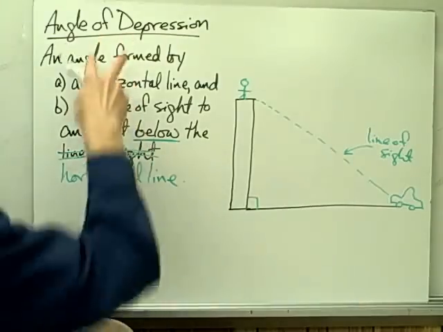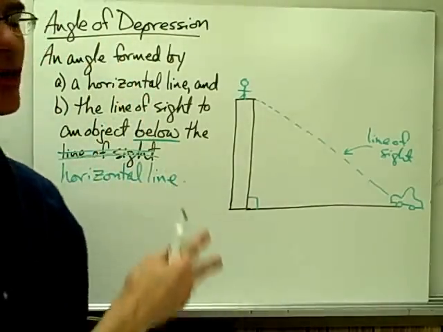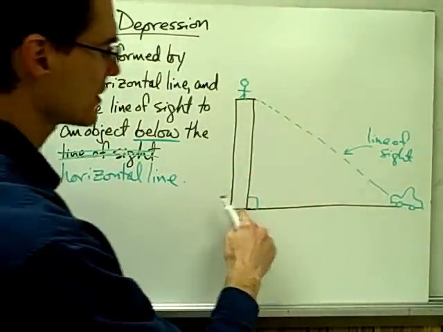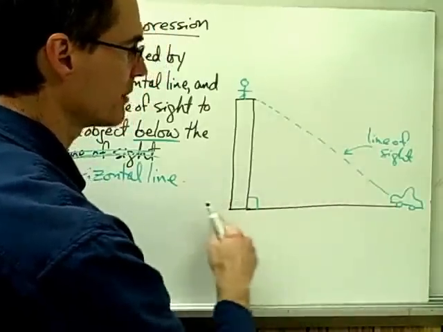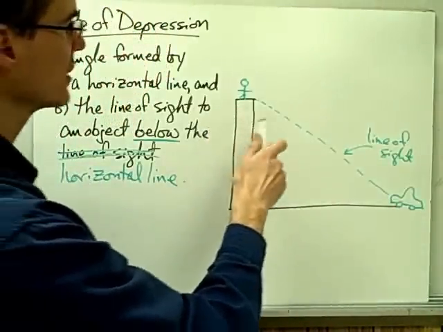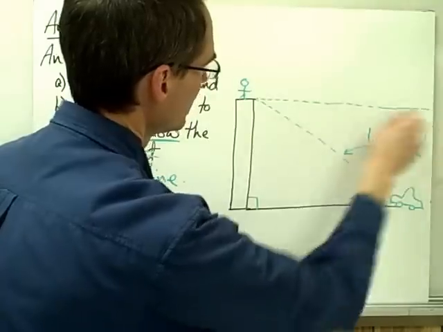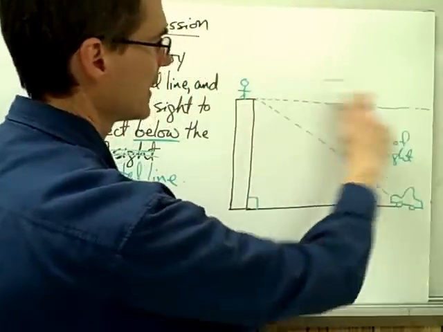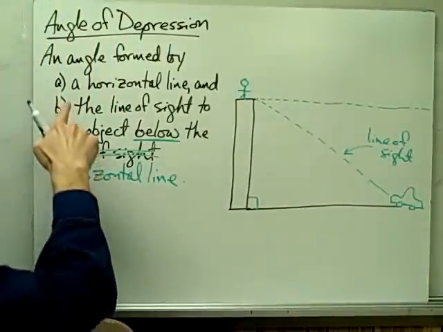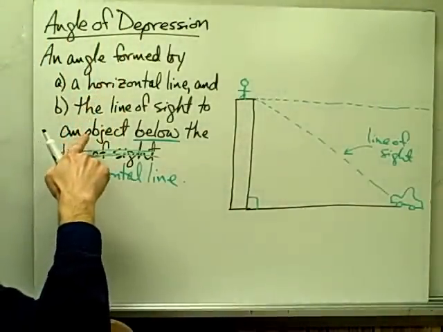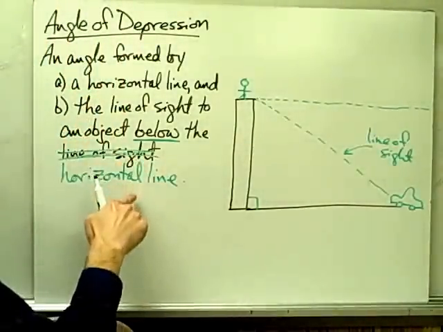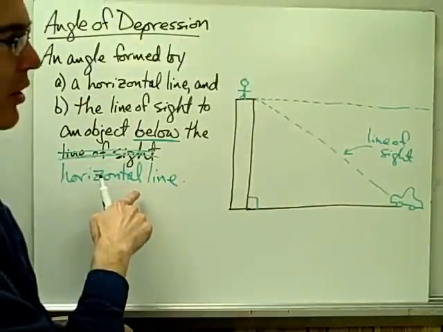Now the thing that is different about angle of depression and angle of elevation: remember in the angle of elevation our horizontal line was this line down here on the bottom. Well, for angle of depression, our horizontal line is going to be this imaginary line up here at the top of our picture, because the angle is formed by a horizontal line and the line of sight to an object below the horizontal line.